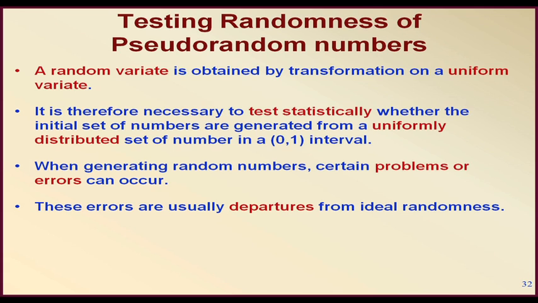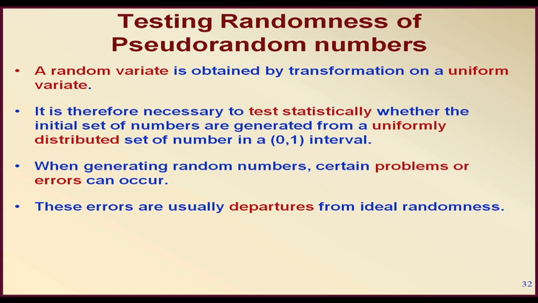There are methods to do it, and we shall discuss at an appropriate time how to convert uniformly distributed random numbers to a set of random variates which may be exponential or Poisson distribution or any other distribution like normal, Erlang, etc. We shall discuss it at a later point of time, but even before that we should test statistically whether the set of initial numbers which are generated are uniformly distributed or not.